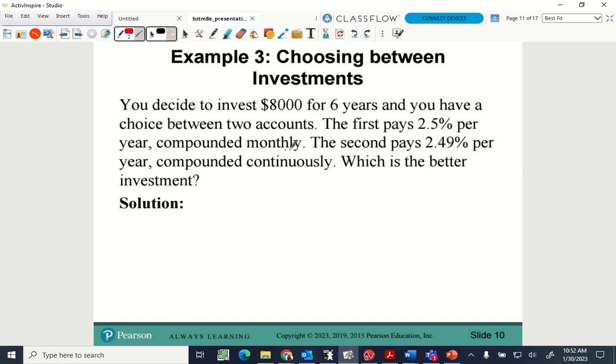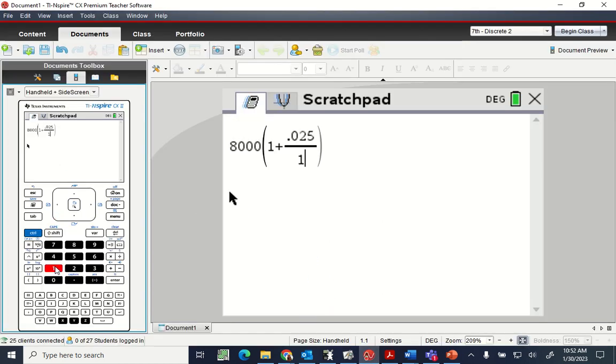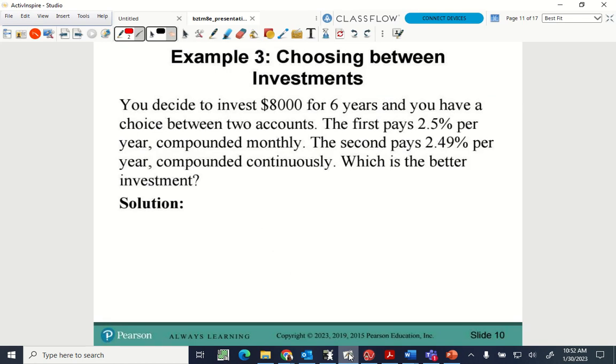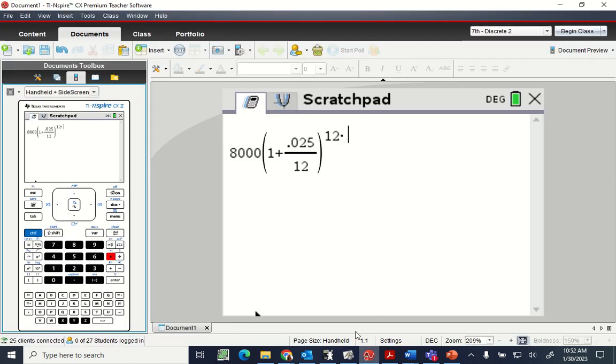Monthly. So if it's compounded monthly, that means my N value is going to be 12. So 12, arrow over, close my parentheses. Now caret, because we need the exponent. And this is, again, my N, which is 12, times my T for this problem, which is 6 years. 6.